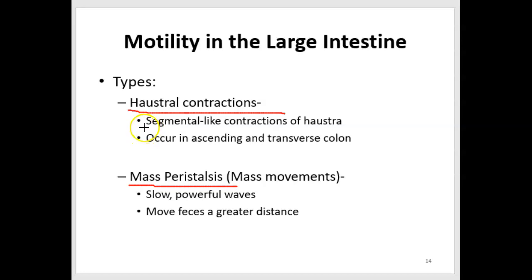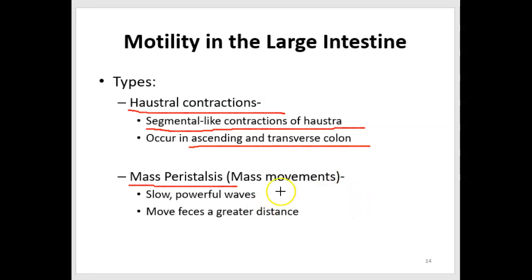And so it's kind of like segmentation that we saw in the small intestine. Different haustra will contract in different locations of the large intestine periodically, and it generally occurs in the ascending and transverse colon. So it kind of just presses on the contents and moves it a little bit and mixes it up, which allows some water reabsorption.